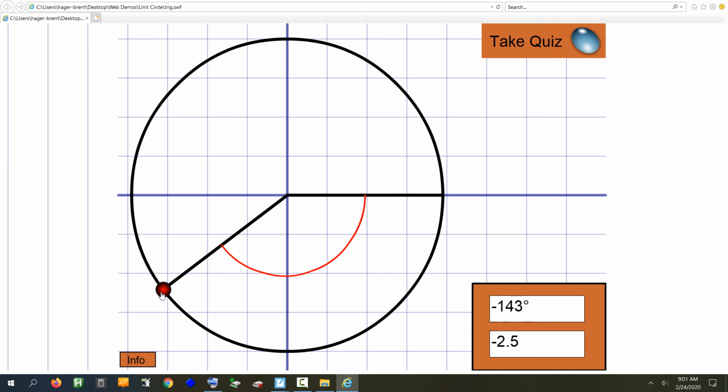Now, I want to draw that for a second, right? And I don't really care what the angle is at the moment. All I want you to do is focus on where that red circle is, right? So just kind of look at where it is, remember where it is. And now I'm going to go like this.